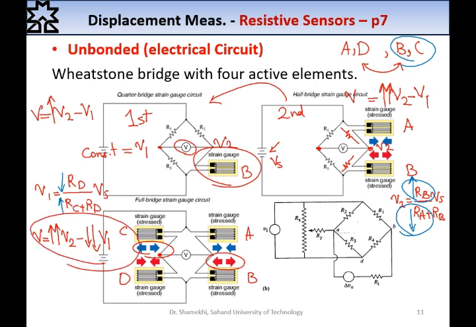And as you can see, 4 times the increase occurs. Therefore, using a bridge with 4 strain gauges is a good choice for having a highly sensitive pressure sensor.